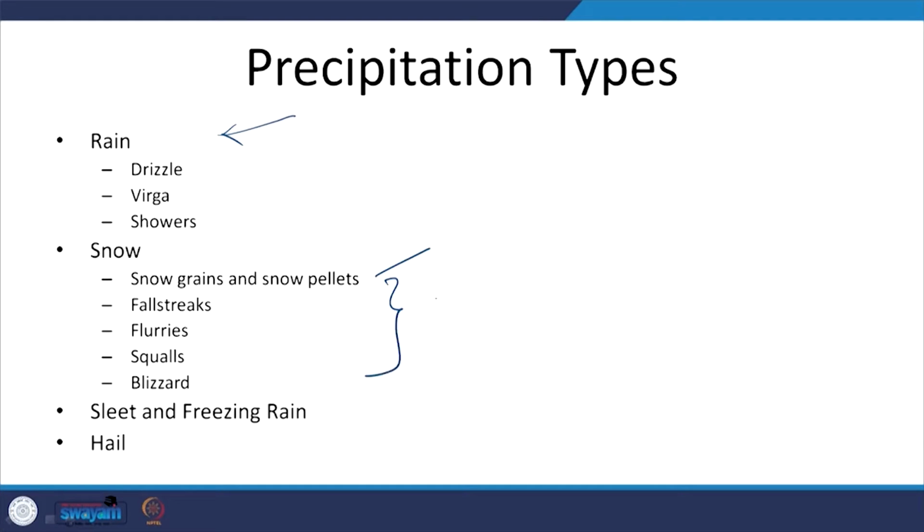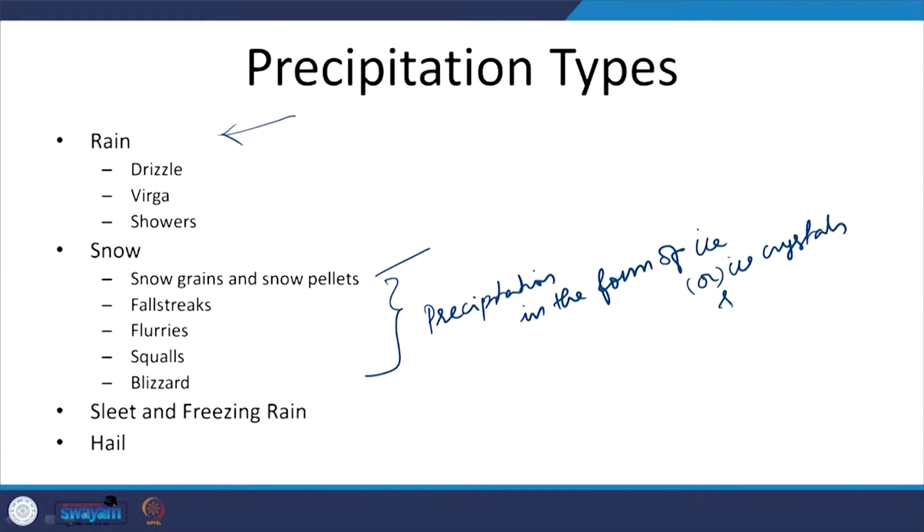All these are precipitation in the form of ice or ice crystals or snowflakes, etc. Right. And another form of precipitation which probably won't reach the earth is sleet or freezing rain, and the most dangerous form of precipitation is hail or hailstorms.